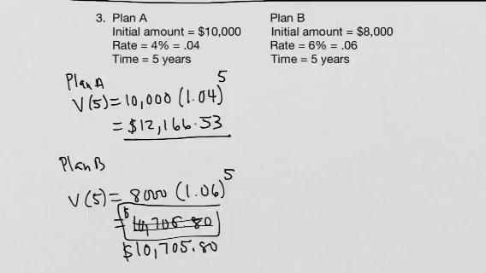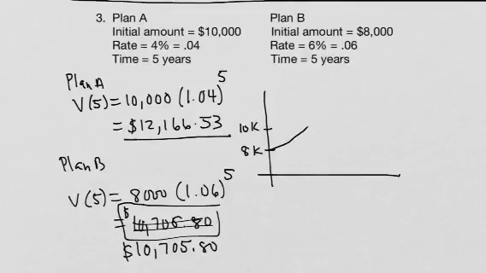Okay, why is the difference smaller? And it goes back, if you visualize the graph. Okay, the rate. So let's say this is the $8,000, so we'll put 8K, and this is the $10,000, 10K. So the $8,000 one is growing faster. So yes, there's a $2,000 difference right now, but it's growing a little bit faster.